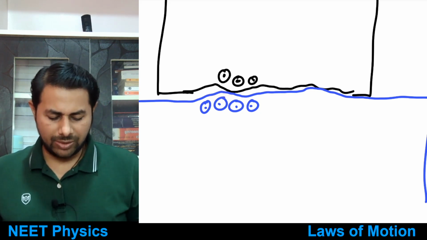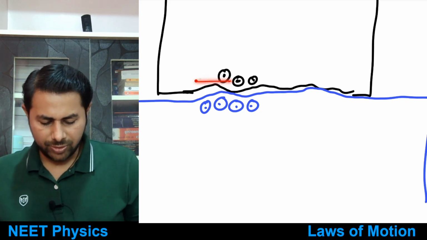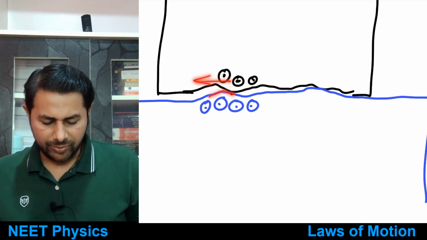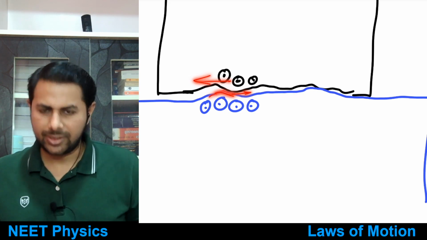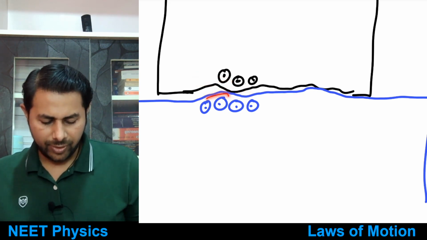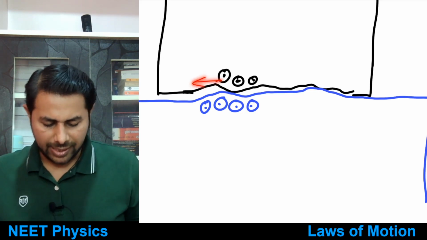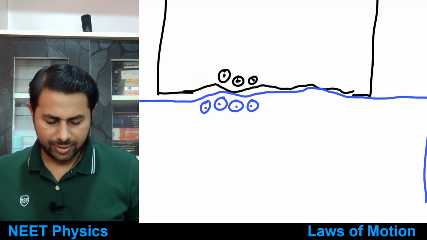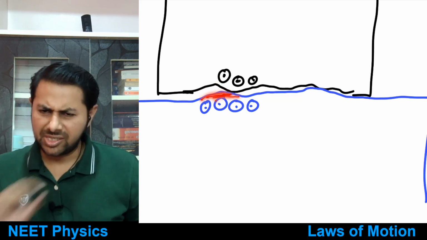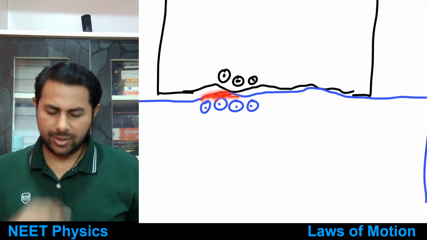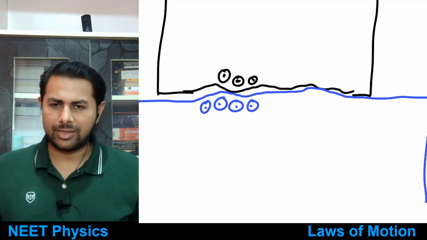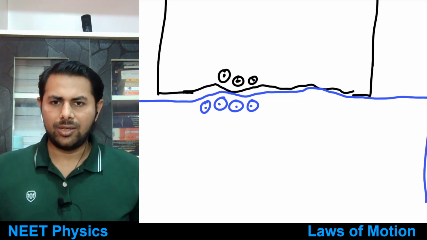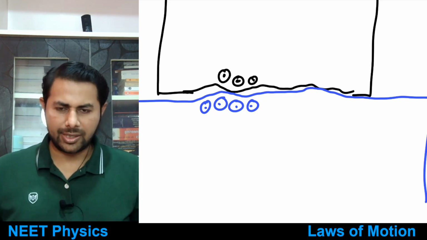So when you want to move this, let's say you want to move this one in this direction, what will happen? This part will oppose it. So when you want to move it like this, this part will break down, this little portion will be broken down. That's why when you slide, let's say, a cupboard on a floor, there are scratches on the floor.